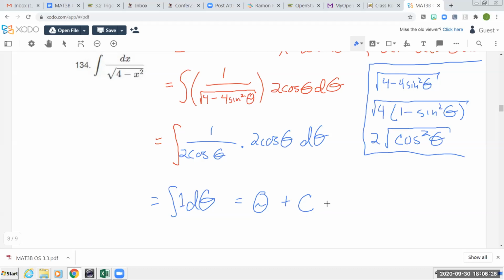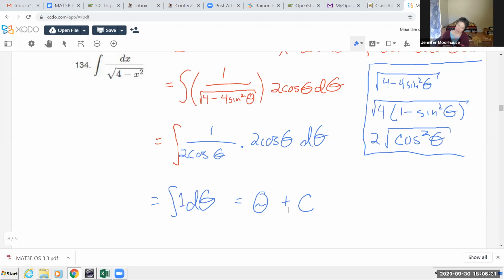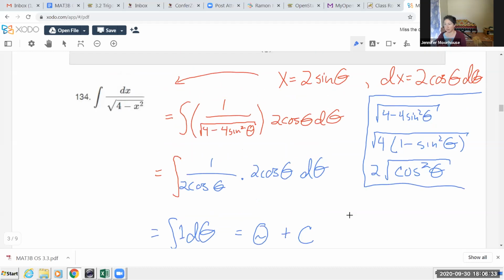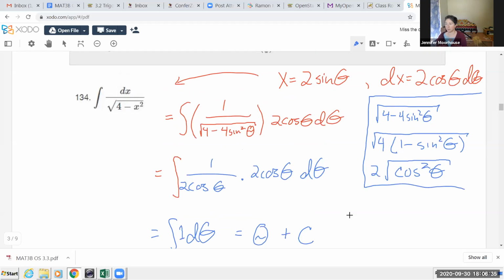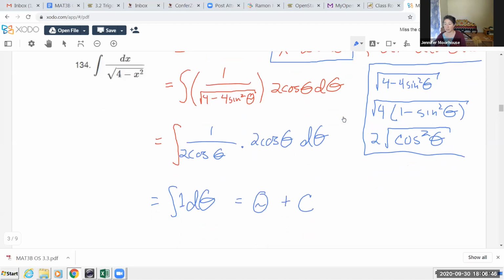And now we have to do the reverse substitution again. What is theta? Well, we want to remember this original substitution. So if x is 2 sine theta, then what is theta?